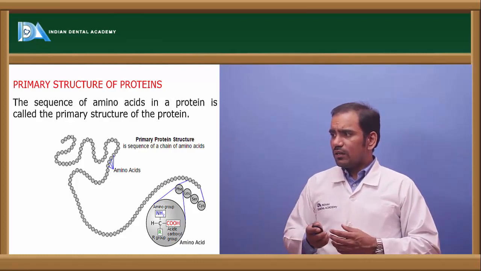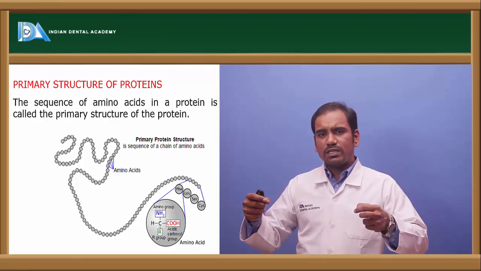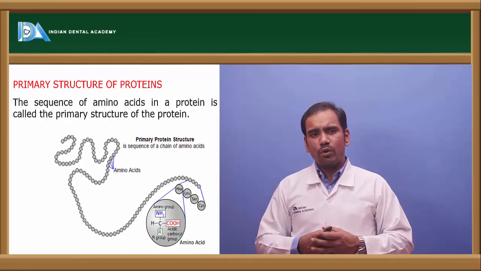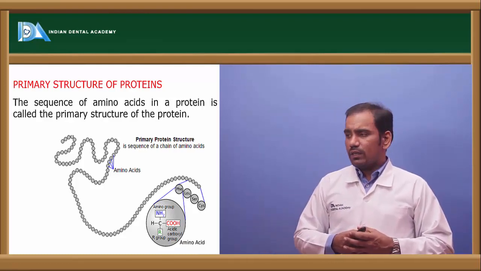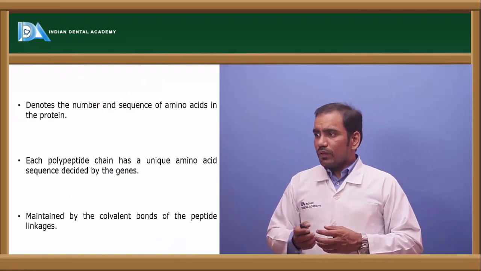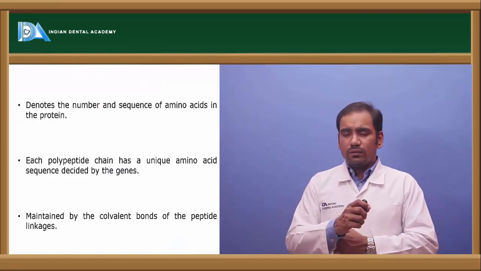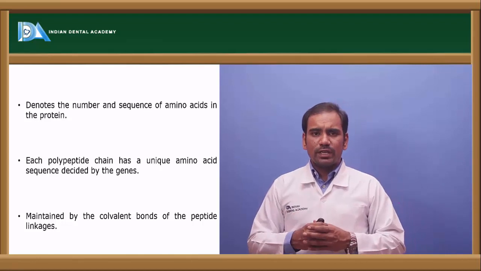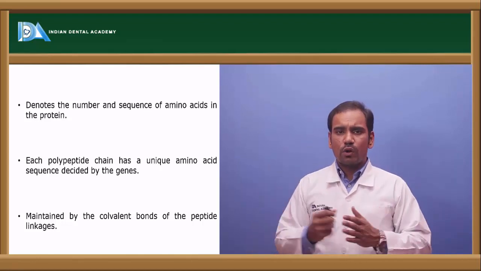You can see here, all the amino acids in a polypeptide chain are linked by peptide bonds or amide bonds. We have 2 ends in the polypeptide chain, the amino end and the carboxyl end.